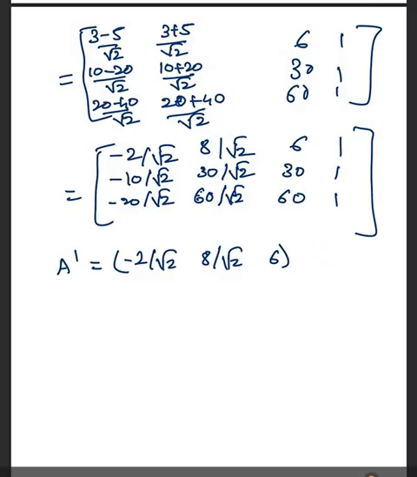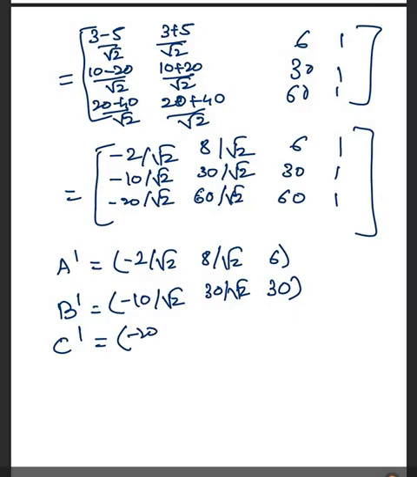B dash will be minus 10 by root 2, 30 by root 2, 31. C dash will be minus 20 by root 2, 60 by root 2, 60. 1 you will not write it. Please note it. 1 you will not write it. 1 we had taken because we used the homogeneous coordinate system.